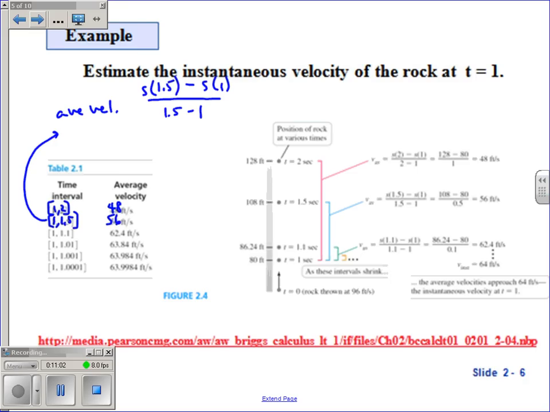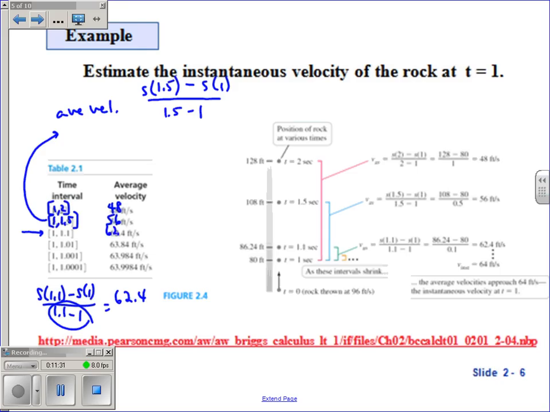Do the same thing for the interval 1.1. So this would be finding s of 1.1 minus s of 1 over 1.1 minus 1. When you plug 1.1 into that original function, get that value, subtract s of 1, and divide by 0.1, which is 1.1 minus 1, this comes out to be 62.4.